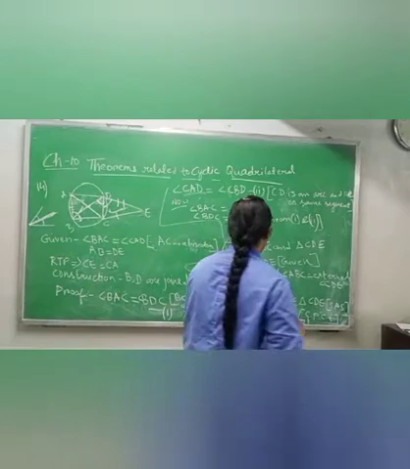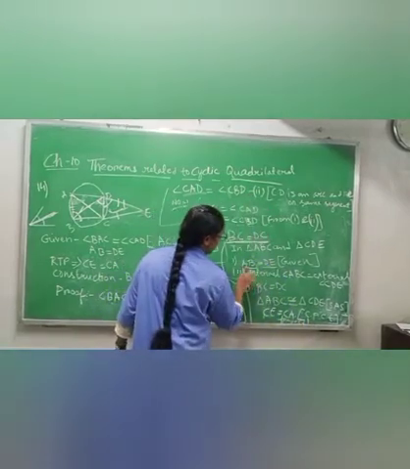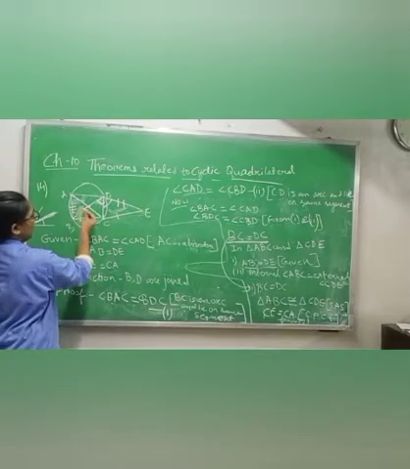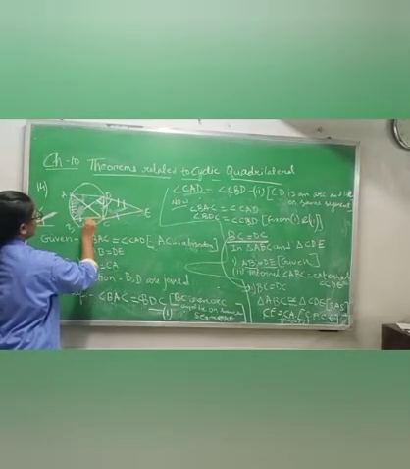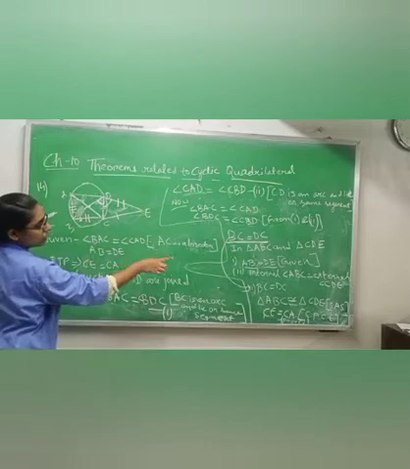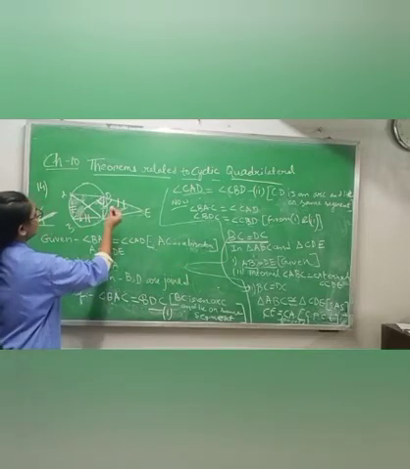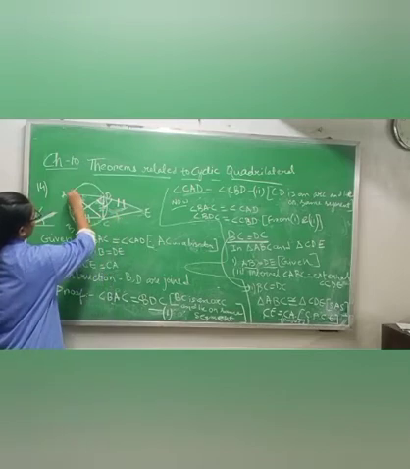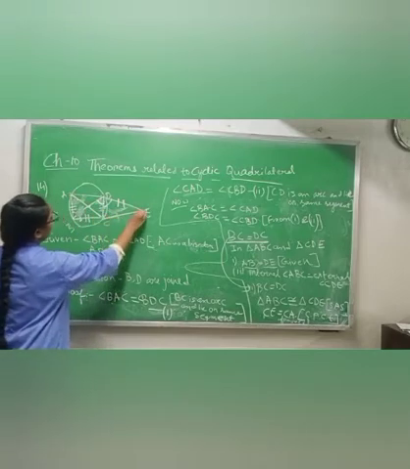So which one is the rest of the side? We have proved two sides already, AB and BC. Where is BC? This one. AB and BC equal DE and DC. Which two sides are left? Can you see? This one and this one are left.